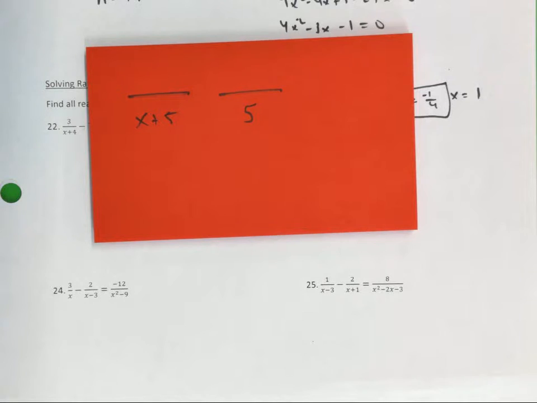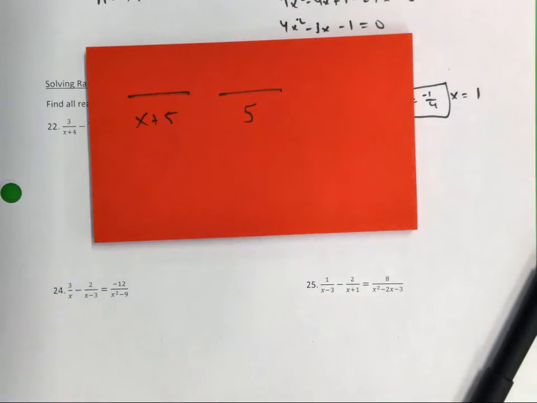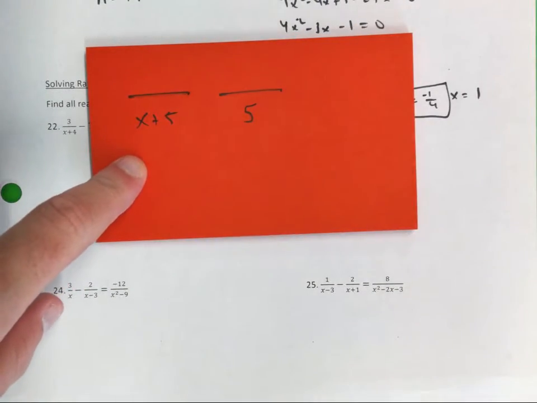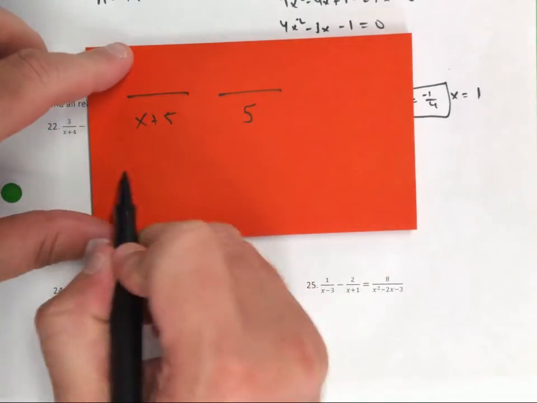Oh, you're saying both of them? Yes, okay. I can't make 5 become x plus 5, can I? So my common denominator would be both of them together. That's what I'm trying to get out of you. Does that make sense? There's nothing I can multiply 5 by to get that. So your common denominator would be 5 times x plus 5.